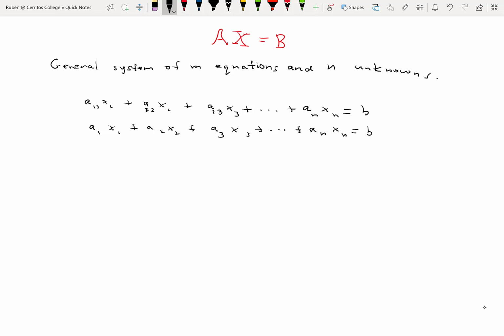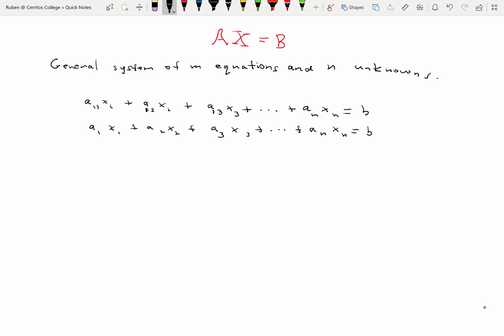So the first subscript is indicating which equation we're looking at, the first equation, and then the second subscript is indicating that we're looking at the coefficient of that variable. So a13 is the coefficient of x3 in the first equation.